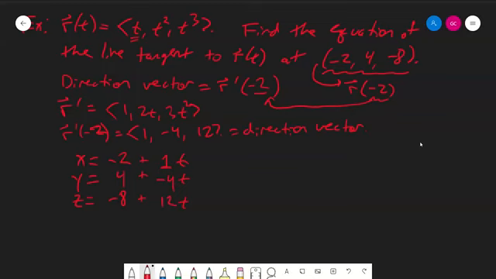Or if you wanted to, you could also write this as a new parametric equation. We shouldn't call it r of t anymore. I don't know, how about maybe L of t? And so you could call that -2 plus t, 4 minus 4t, and then -8 plus 12t. Okay, so either of these forms, either in parametric form or in vector form.